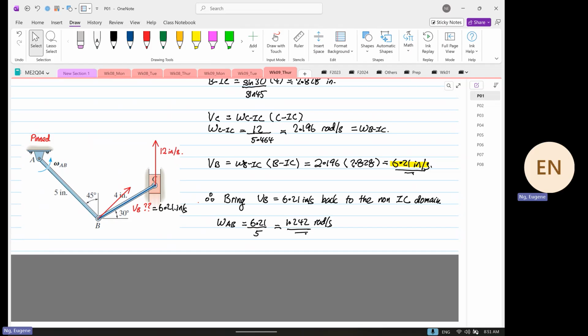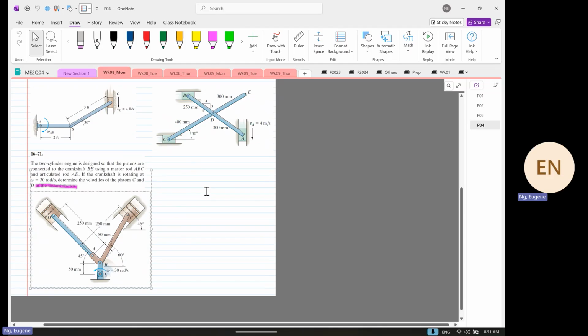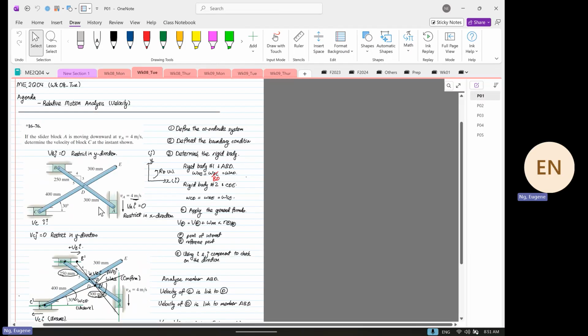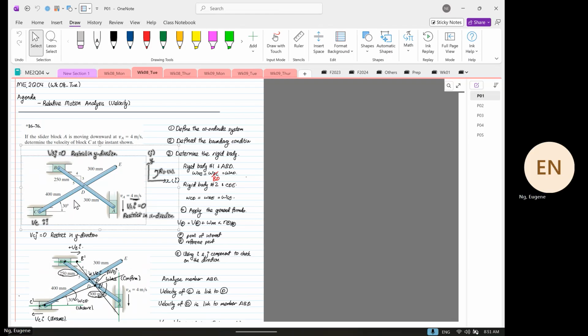What I'm going to do next is a problem using the combined effect. I know it's a very short time for you to boost your confidence, but I'm going to do it. Let's try dealing with this problem using the combined instantaneous method and the relative velocity technique.